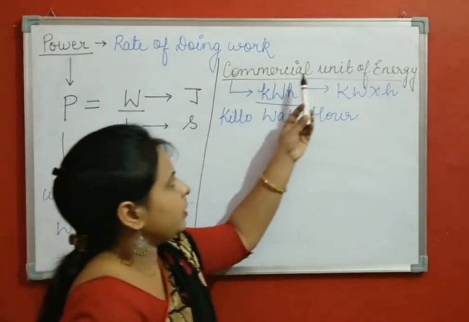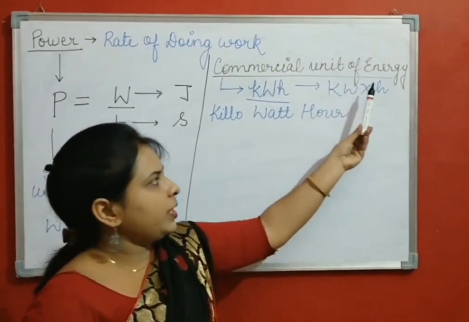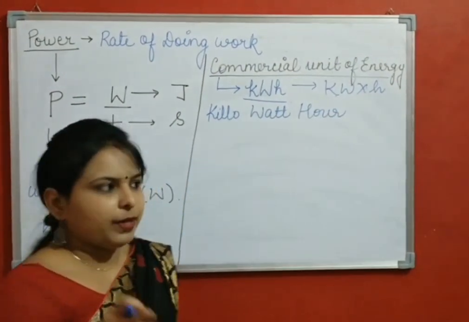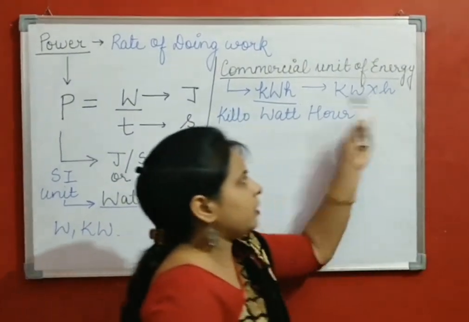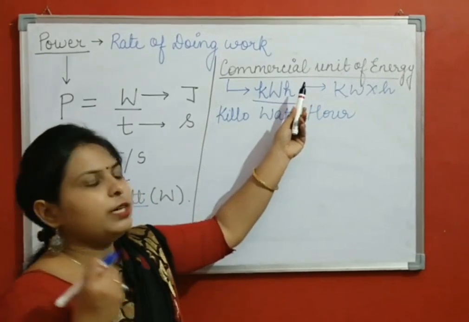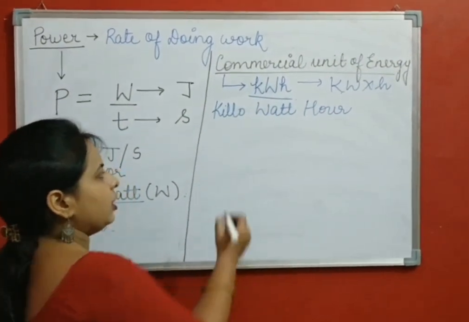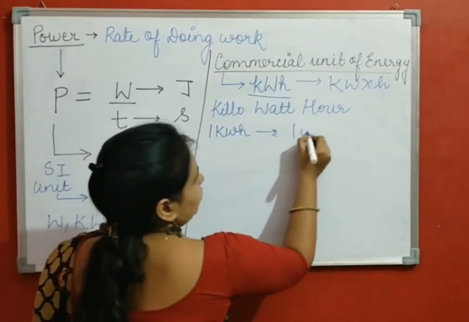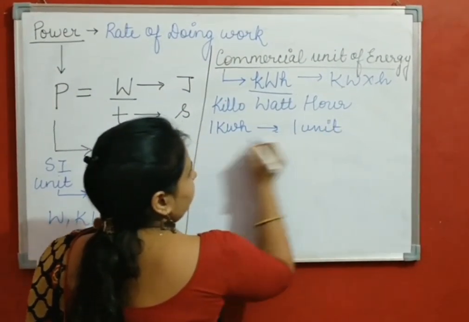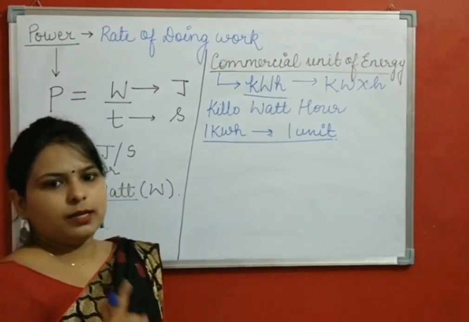You can define the commercial unit as: if an appliance of 1 kilowatt works for 1 hour, आपके घर में जब कोई 1 kilowatt power का appliance 1 घंटे तक चलेगा, then the energy consumed by that appliance will be 1 kilowatt hour. And 1 kilowatt hour is also called 1 unit. Both are the same.